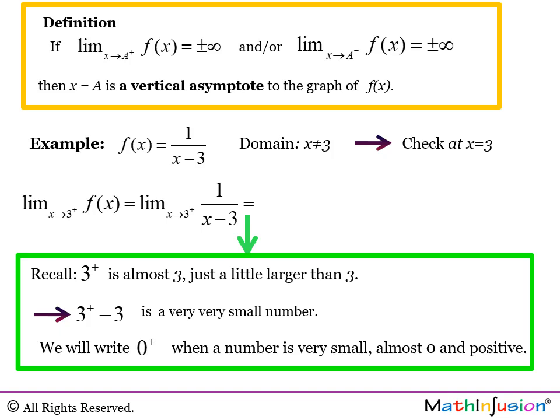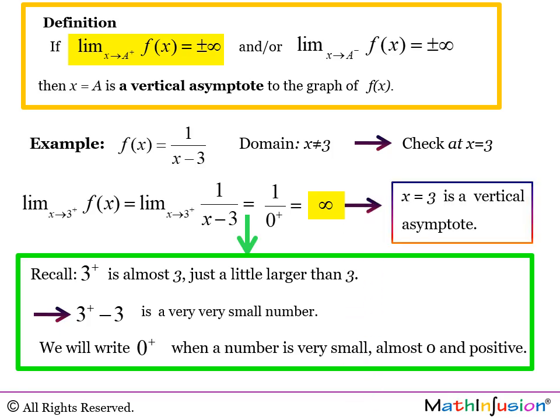And as we did in limits at infinity, we will write 0 plus when the number is very, very small, almost 0, and positive. And we get here 1 over 0 plus, which is infinity. We have definitely this case, and we can conclude that x equals 3 is a vertical asymptote.